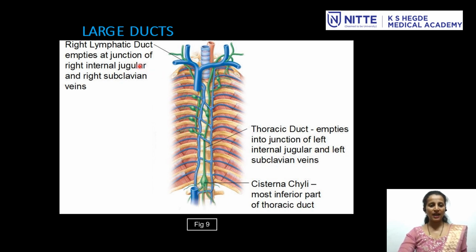The right lymphatic duct drains the lymph from the right upper limb, right side of the thorax, and right half of the head and neck, whereas the thoracic duct drains lymph into the circulatory system at the brachiocephalic vein between the left subclavian vein and the left internal jugular vein. The cisterna chyli, you can see here, is a dilated sac which serves as a reservoir for the lymph from the lower abdomen.